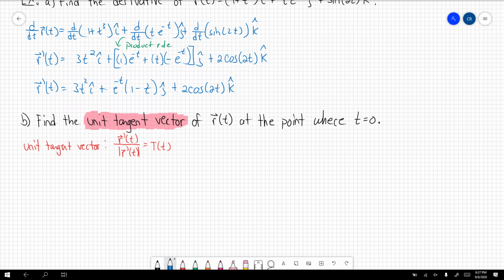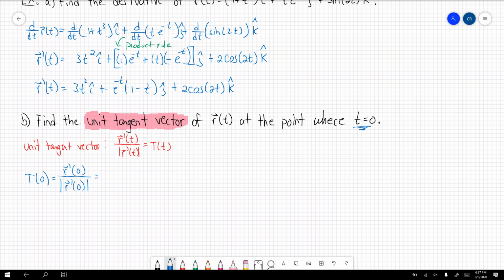I need to find r prime, but lucky for us, we already have r prime. So what we then need to do is evaluate that unit tangent vector at t is equal to 0. So we need to take r prime at 0, evaluate that, and we need to take the magnitude of the derivative and evaluate it at 0.